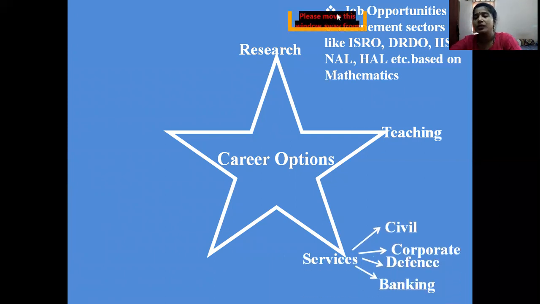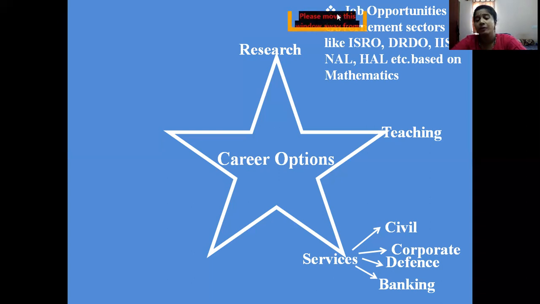Okay. Then services. So finishing your BSc degree, students, what if you want to enter into services? Then you can attempt competitive examinations like civil services examinations, UPSC exam, IAS, IPS, etc. Then corporate exams and entrance tests will be there. Then in defense you have NDA, you have CDS also, combined defense services. Then banking exams will be there, so many banking exams.